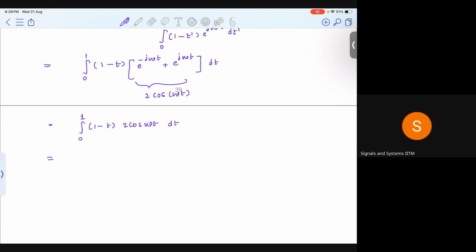When you solve for this, what you get is 4 sine square omega by 2 divided by omega square. Just solve this integration. And this can also be written in terms of sinc squared. Is that okay? Yes, ma'am.